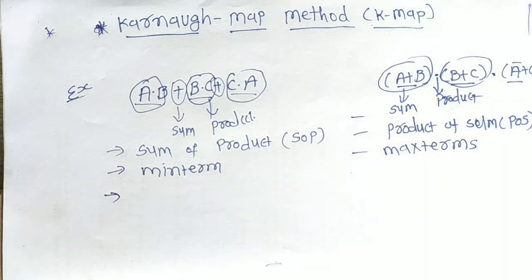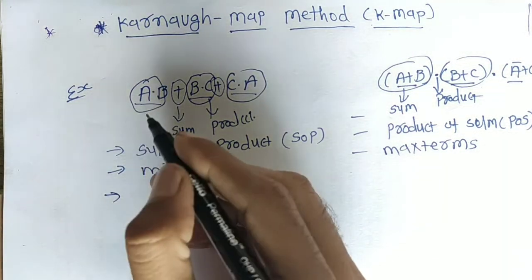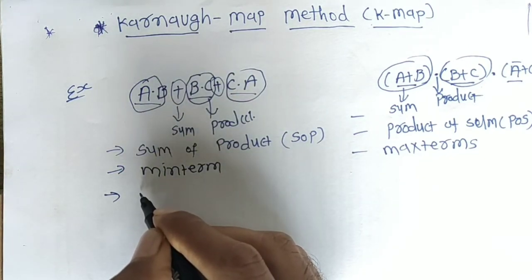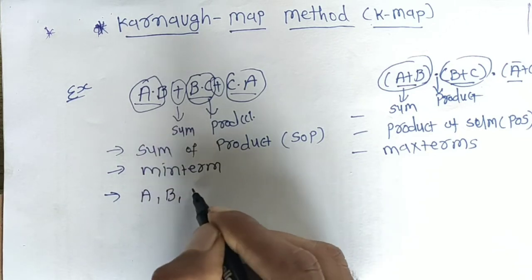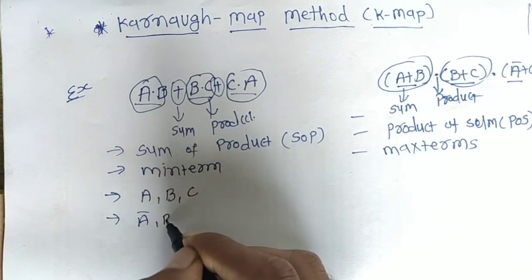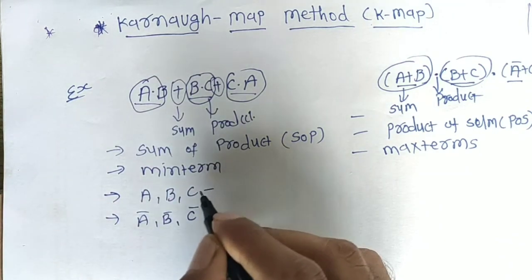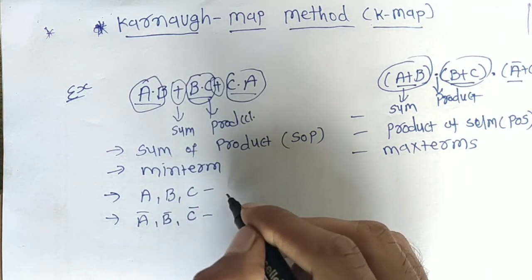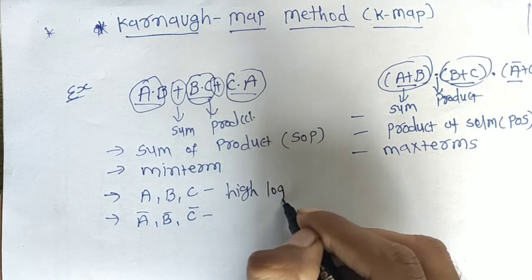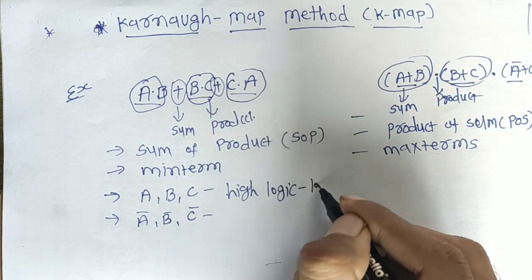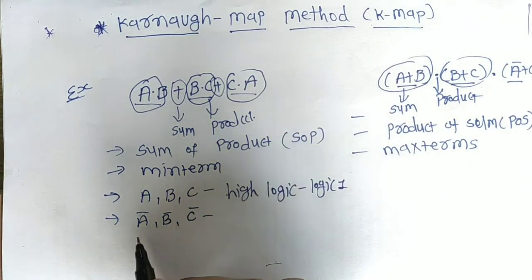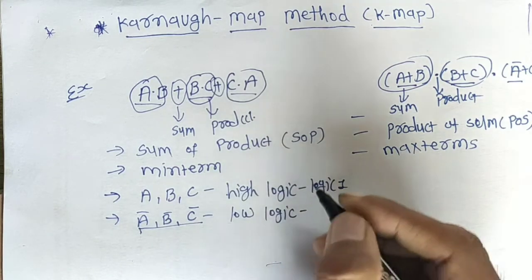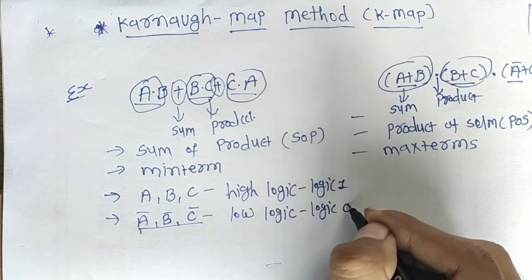In the sum of product, every variable can be represented like a, b, c, or in the second way a bar, b bar, c bar. This is an ordinary variable, and this is a complement variable. The ordinary variable is represented as a high logic, known as logic 1, and the complement is known as a low logic, known as logic 0.